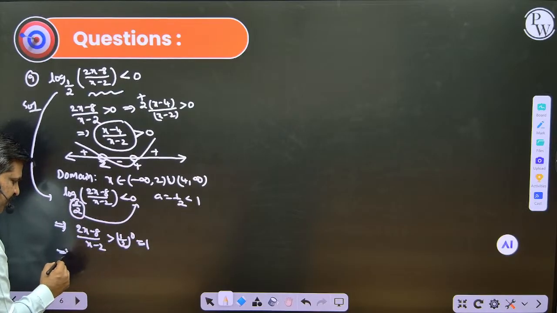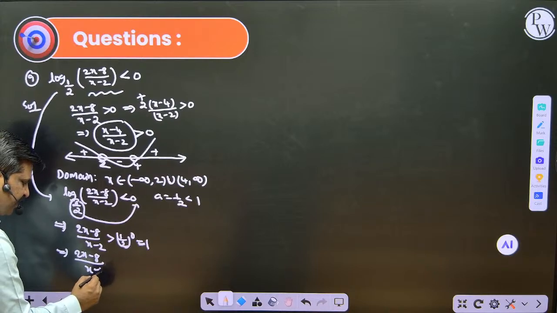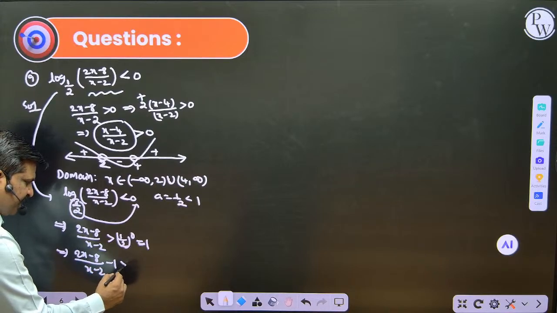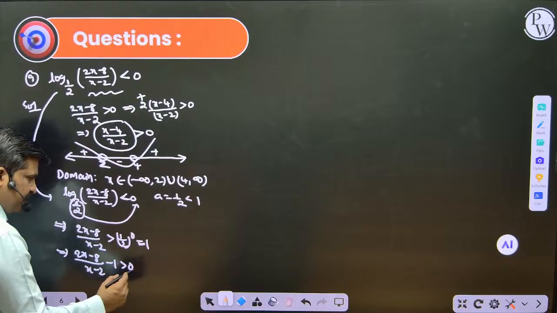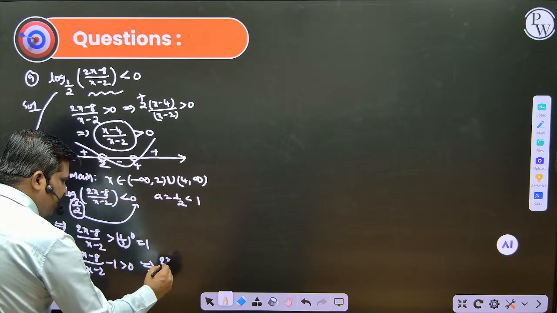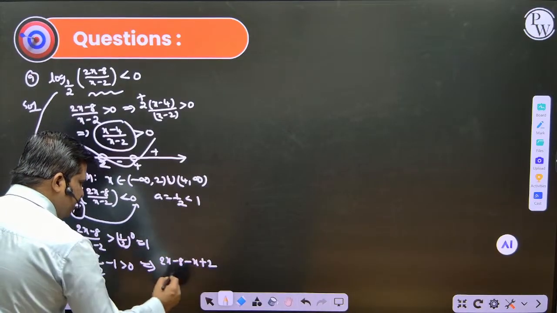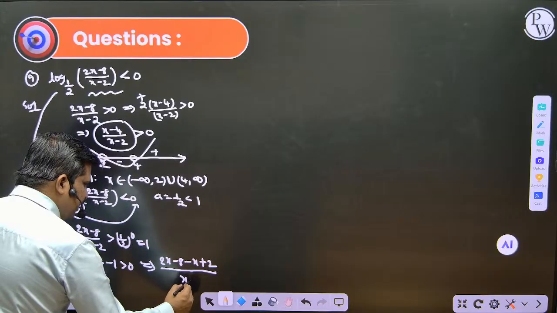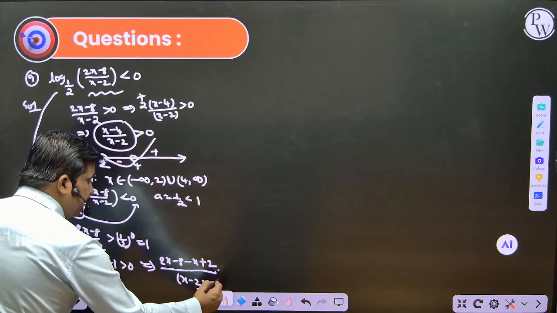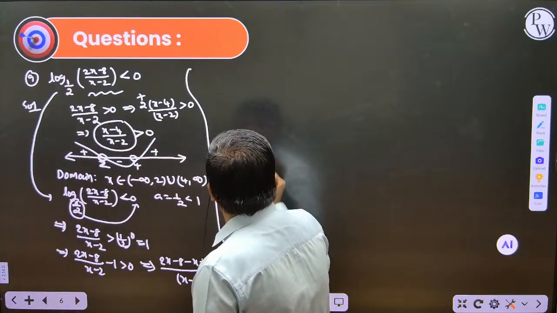That is the value 1. Now shifted to this side, 2x minus 8 by x minus 2 minus 1 greater than 0. That implies, simplify it, 2x minus 8 minus x plus 2 divided by x minus 2 greater than 0.